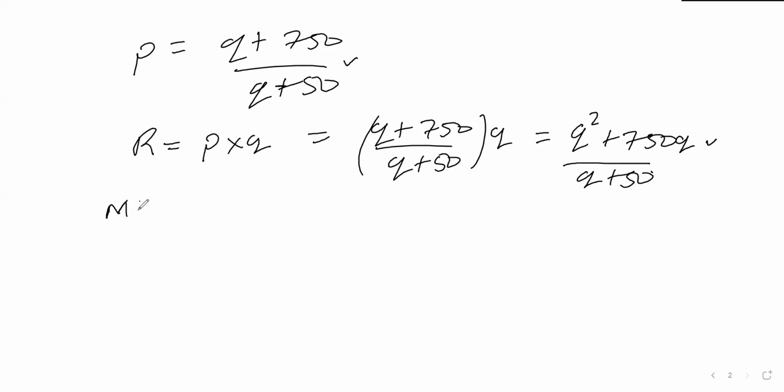So the marginal revenue will then be dR/dQ, the derivative of revenue with respect to quantity. And clearly this function is a quotient function, so we can only apply the quotient rule in differentiating it. The numerator is my u, the denominator is my v.